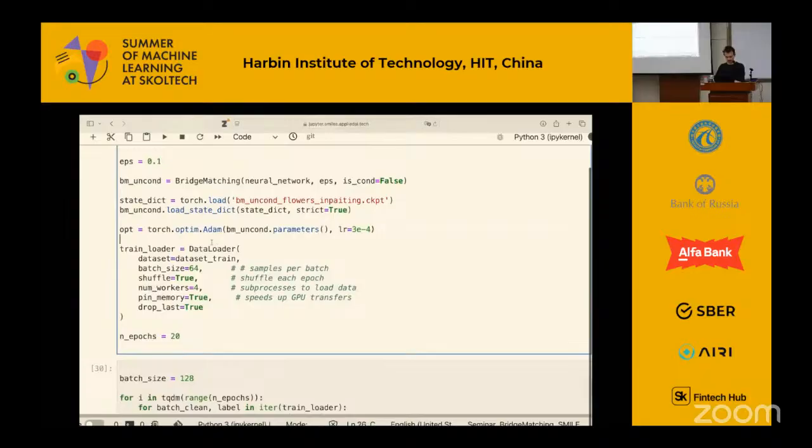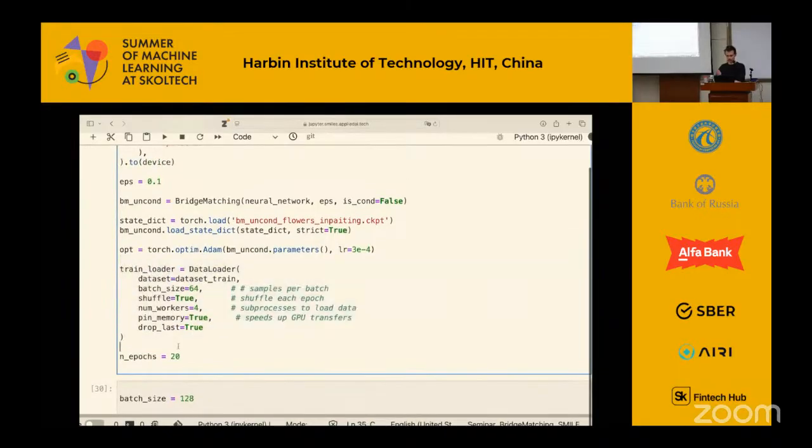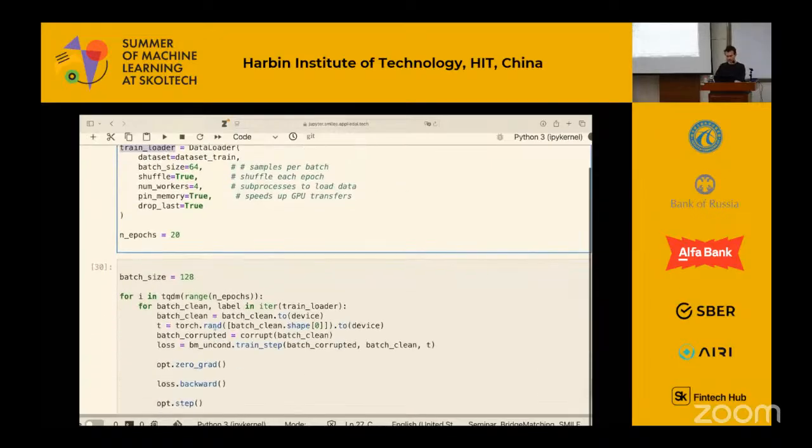So we just set up a usual train data loader that outputs the clean data, and then using this corrupt function we just cut out the middle of this clean data and make this data pairing. So again, we would want to make a diffusion bridge from the probability distribution of images with cutout middle to the distribution of images without cutout middle, like normal, clean images.